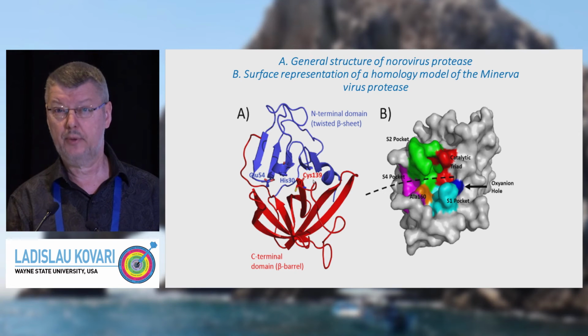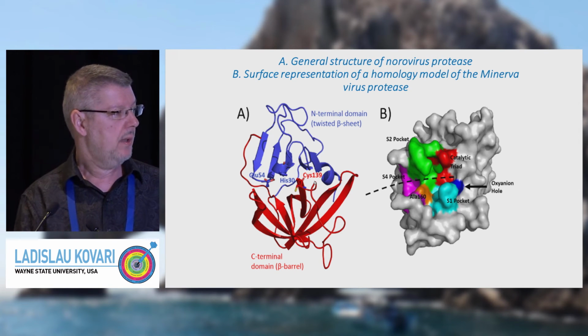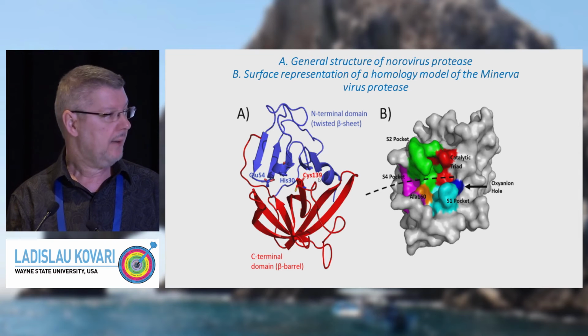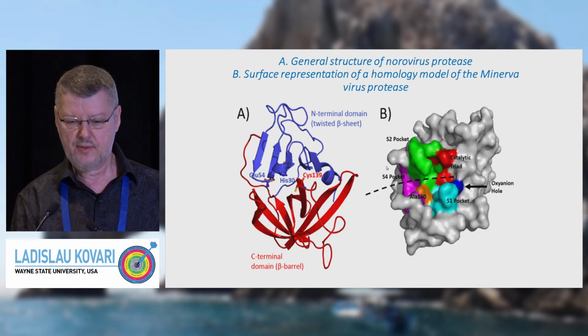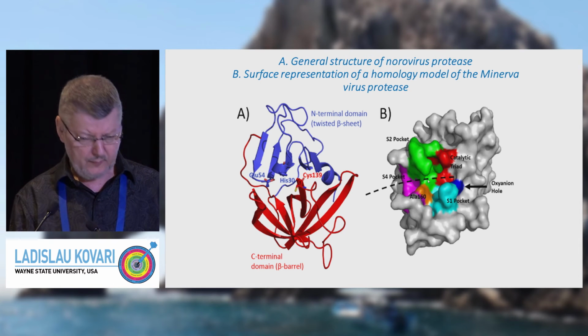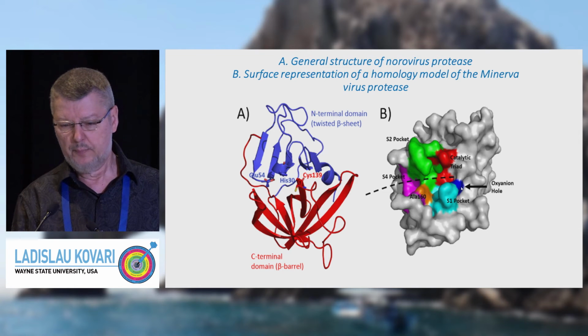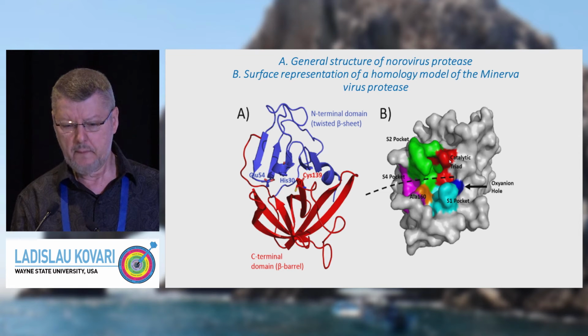This is a cysteine protease, and our goal is to design covalent inhibitors that are going to completely inactivate the cysteine. This is the surface representation of the protease structure. Again, in red, the catalytic triad.